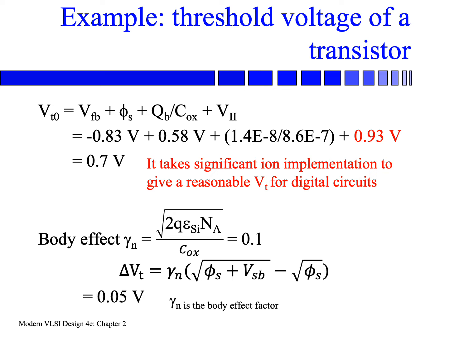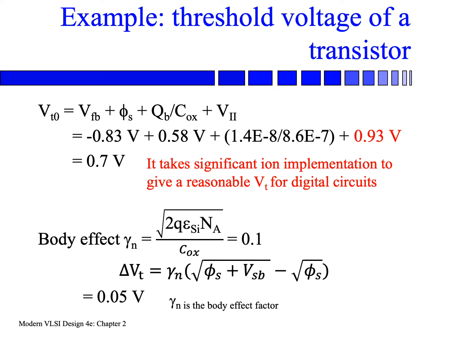Also, here we talk about specific values for the body effect. Here gamma n for nMOS is 0.1. So you can say the delta VT is a function of gamma, which sometimes is a constant, and of the source-substrate voltage, which accounts for the body effect. If you have a high Vsb, then you end up with a high delta VT.